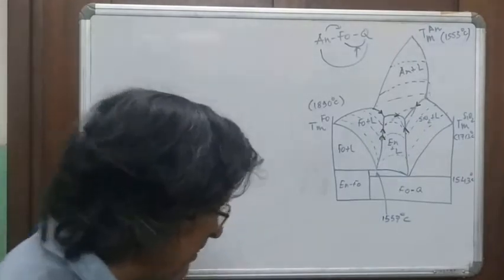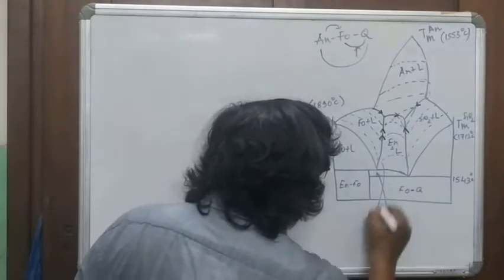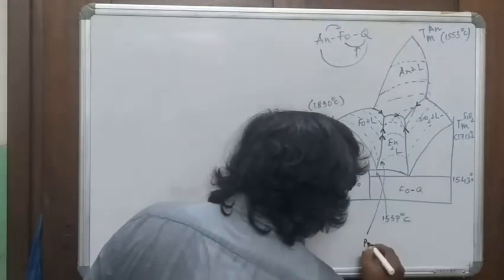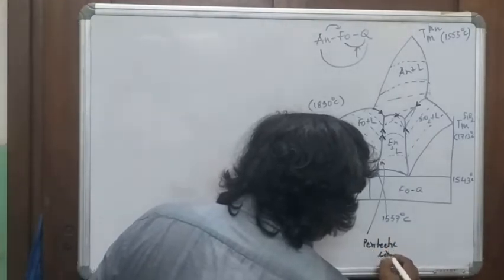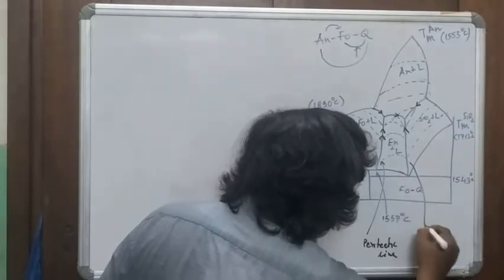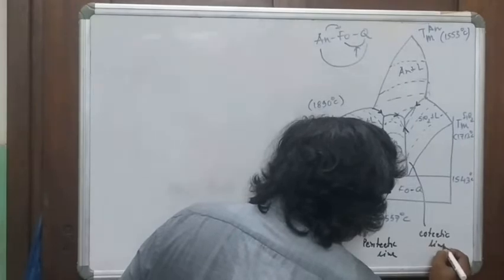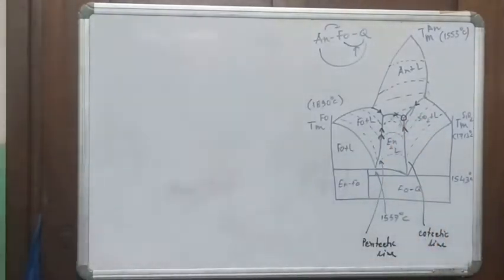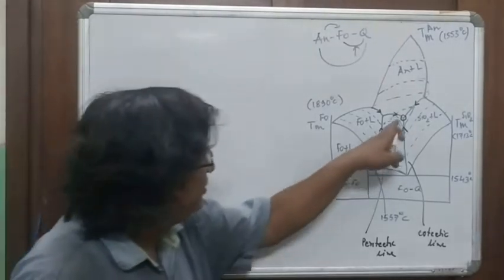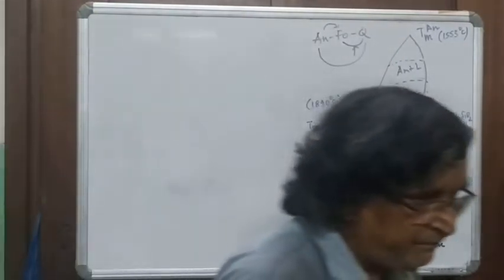But this one here is called the peritectic line, and this is called the cotectic line. And this low temperature point here is the terminal eutectic. So these are the essentials of the phase diagram as you see it in a three-dimensional view.